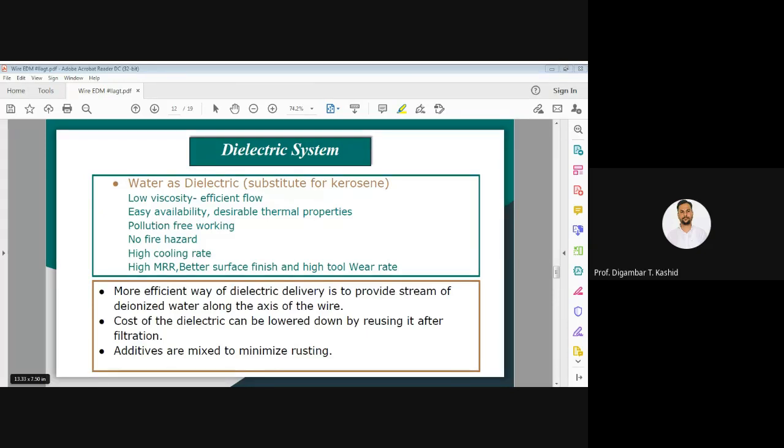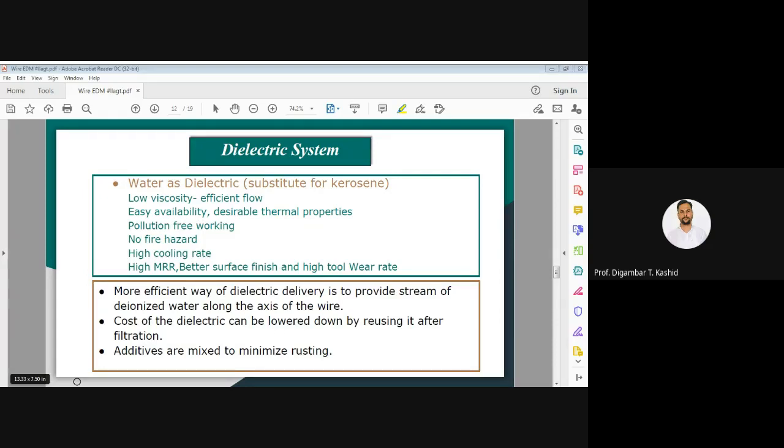Okay, in case of this dielectric fluid in wire cut EDM process, here also we have to maintain a very small gap between wire and workpiece. That interelectrode gap we have to maintain, and that gap may be near about 25 micron.